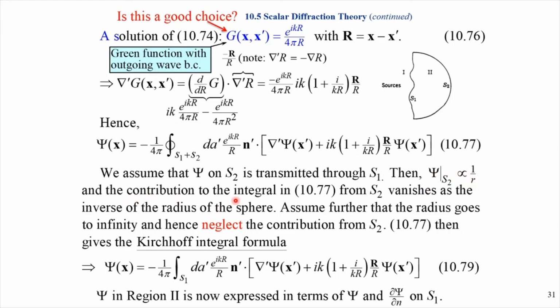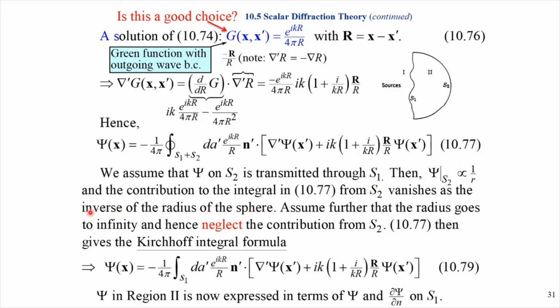And the contribution to the integral of 10.77 from S2 vanished. The contribution of the integral comes from S1 and S2, but S2 is very, very far, so the contribution from S2 vanishes as the inverse of the radius of the sphere.